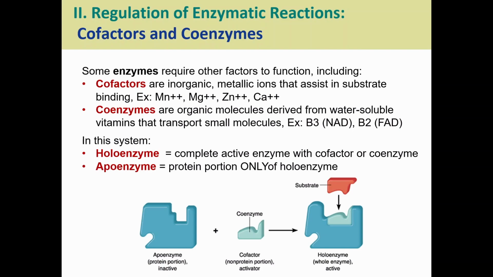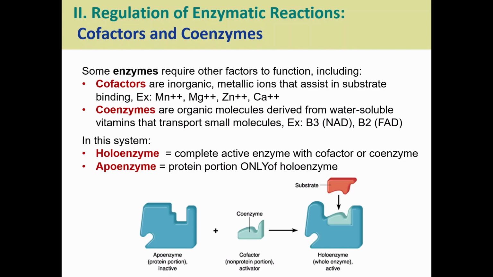And then we have these systems. So basically we have what we call the apoenzyme, which is just the protein portion. So it's what we know as the enzyme. And then the coenzyme or the cofactor is going to come together with that protein portion to form what we call a holoenzyme. And so the holoenzyme is the whole thing, if that can help you remember it. Holoenzyme, the whole thing.